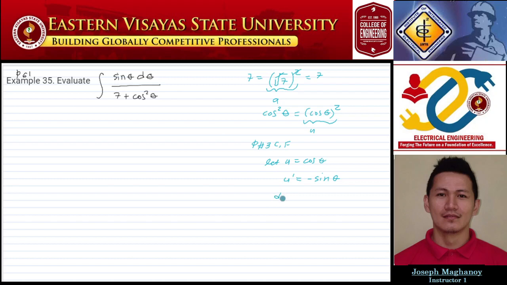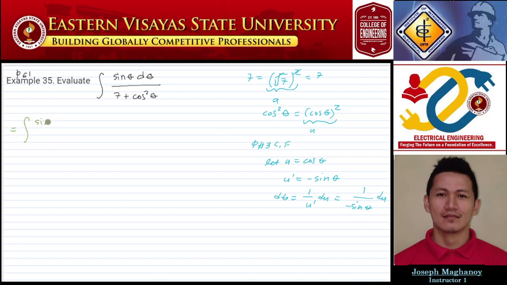Therefore, our d theta is equal to the reciprocal of your first derivative du. So that is 1 over negative sine theta du. Okay, so we can apply our correction factor, but before that, we need to rewrite our function according to the alignment of the ITF formula.